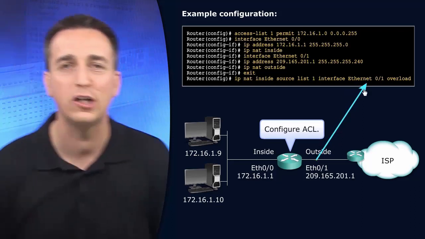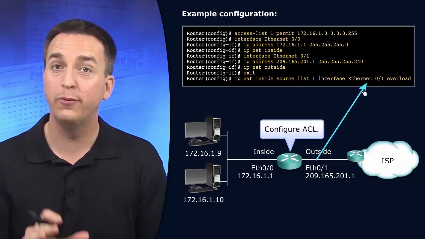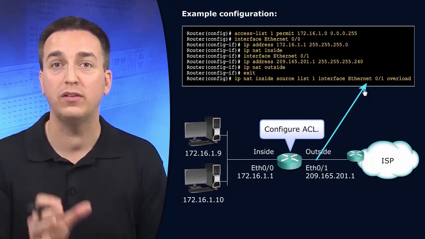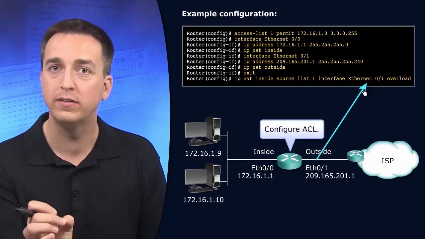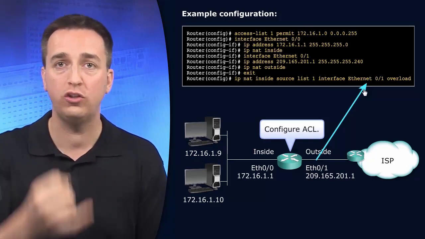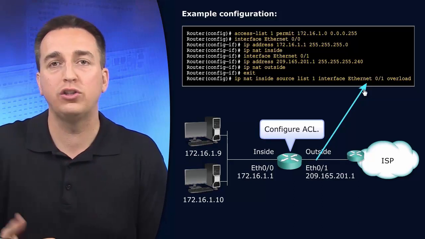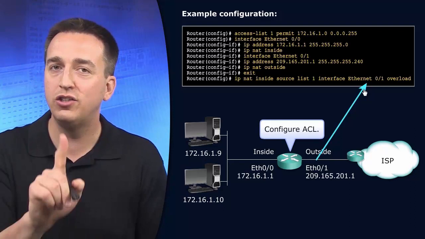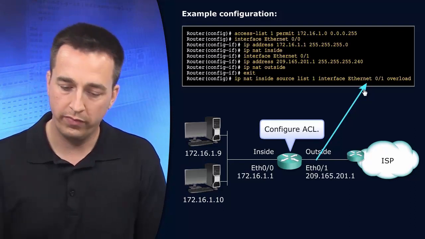Interface Ethernet 0/1. Now, wait a second. How many IP addresses does interface Ethernet 0/1 have? It only has one, the one that's assigned to it. Every other address just happens to be part of the same subnet. But Ethernet 0/1 just has one IP address.